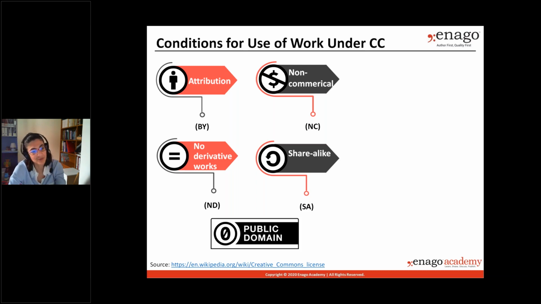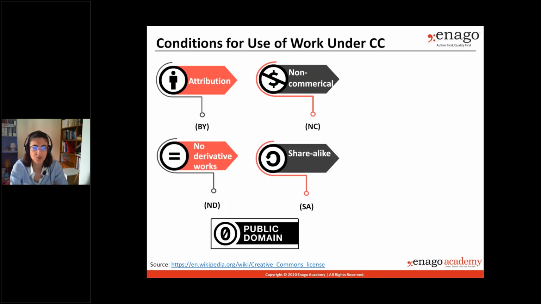So in the non-derivative work, you can use this work, but you cannot use it to generate derivative works, and with share alike you need to obtain special permissions to use this work for downstream projects.